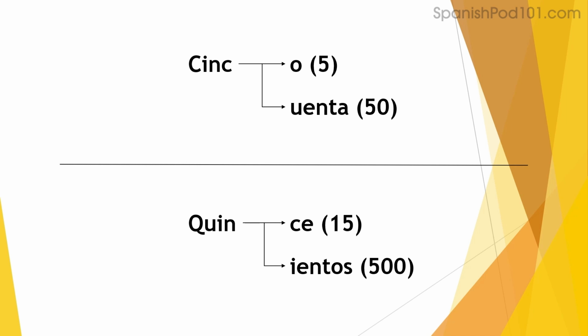So 5 and 50 share the same stem or root, and then 15 and 500 also share the same root. So we have cinco, cincuenta, but then quince, quinientos.